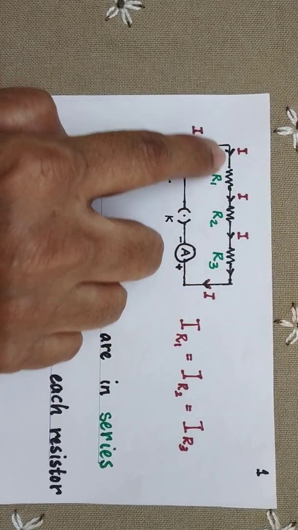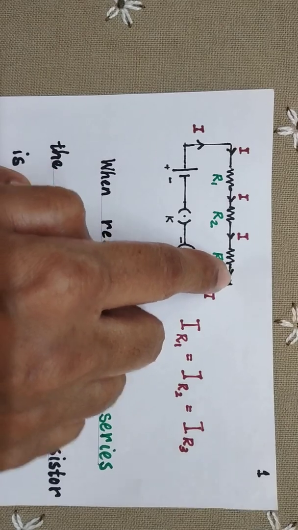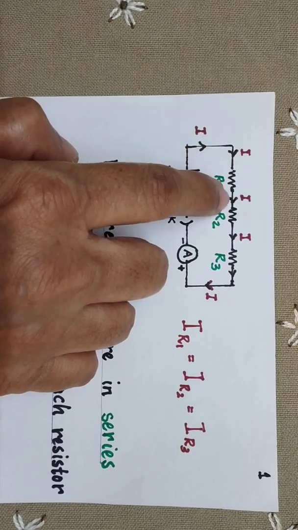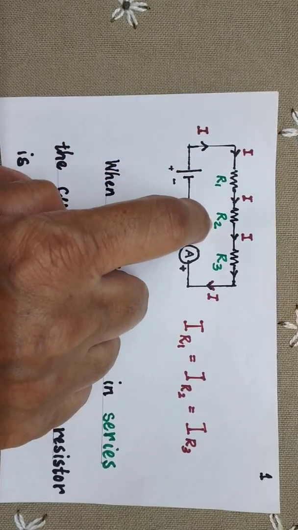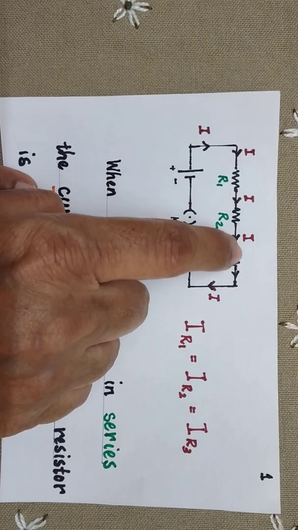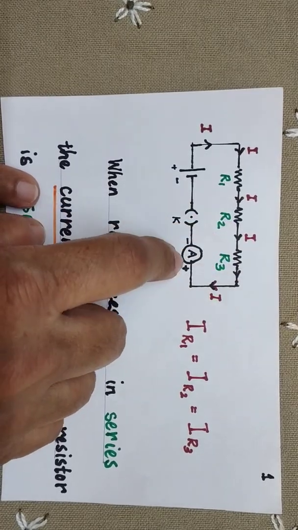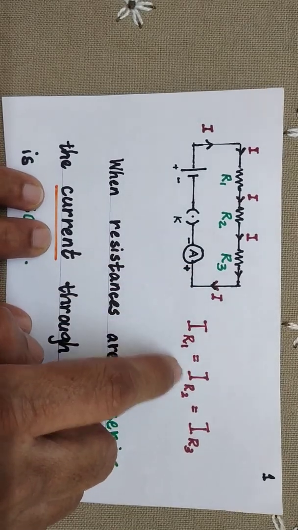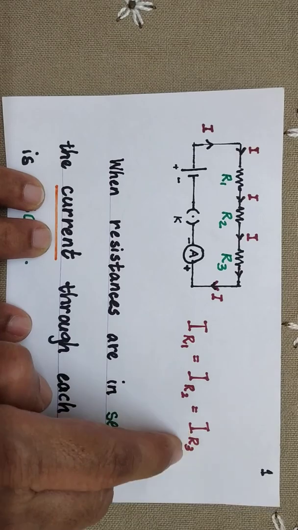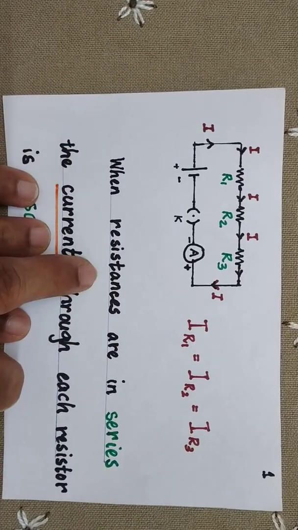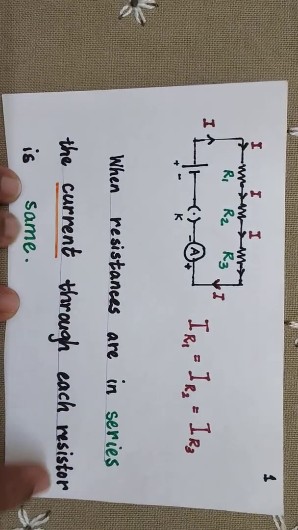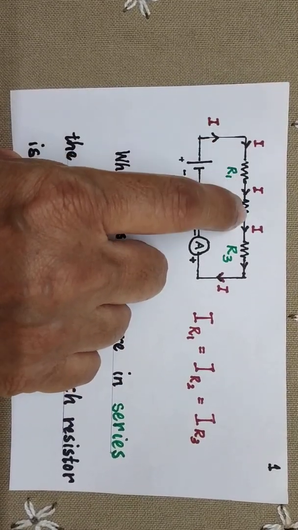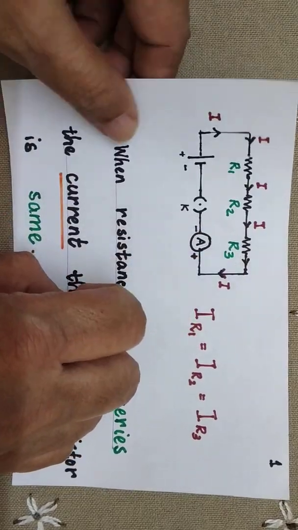So the I over here will pass through R1, then R2, and then R3 and then come out. So you can say I through R1 is same as I through R2 is equal to I through R3. So, when resistances are in series, current through each resistor is same because it finds only a single path to pass through. Is that clear?